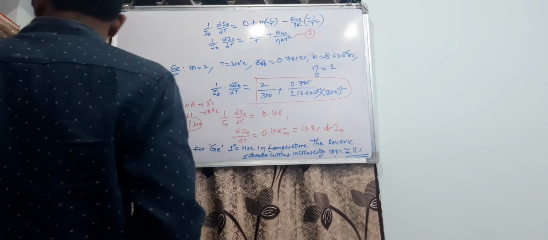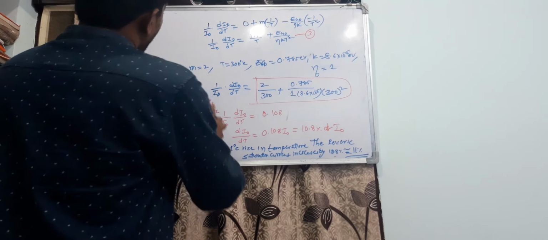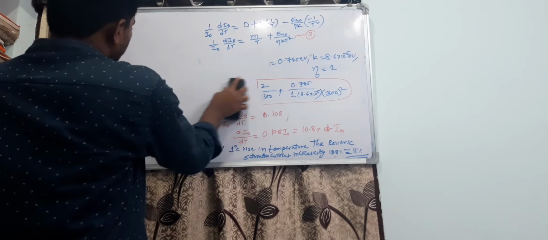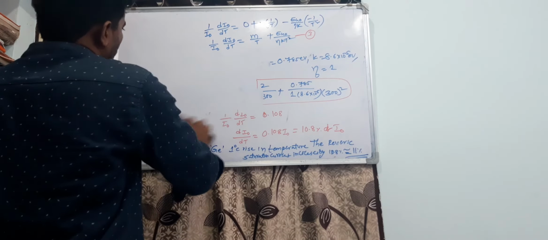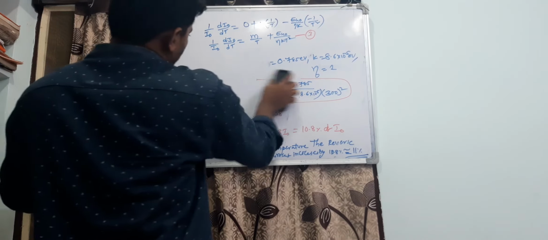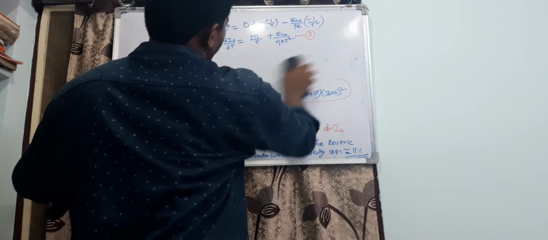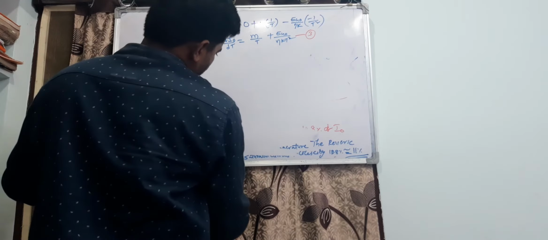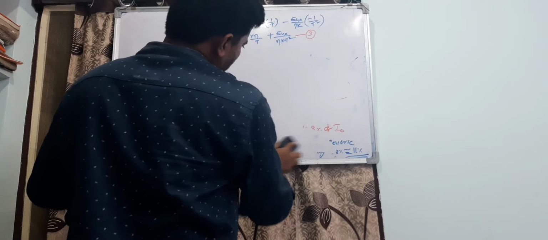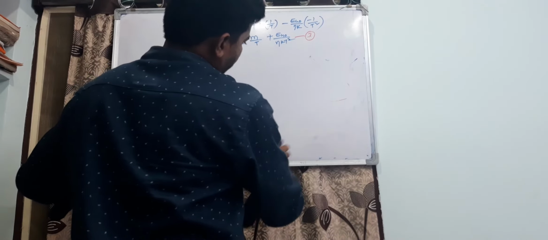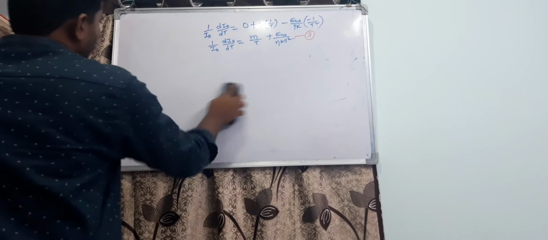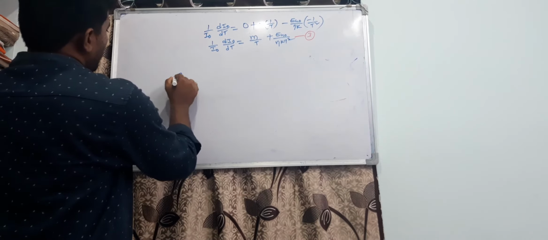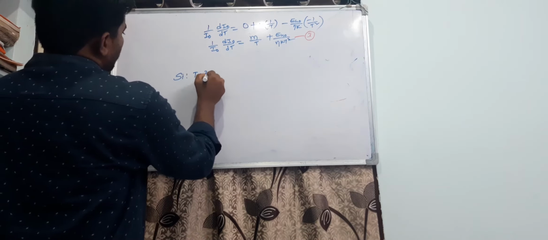Similarly, for silicon also you have to calculate here. Equation number 3 will be equation number 3 only. There is no change, but the constant values may change for silicon as well as germanium. For silicon, T is equal to 300 degree Kelvin, but the energy gap changes.